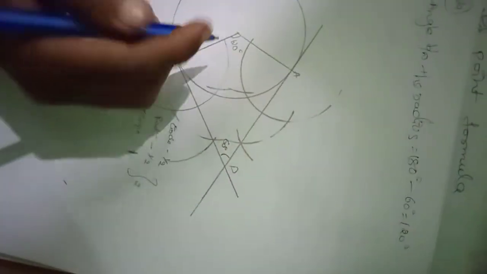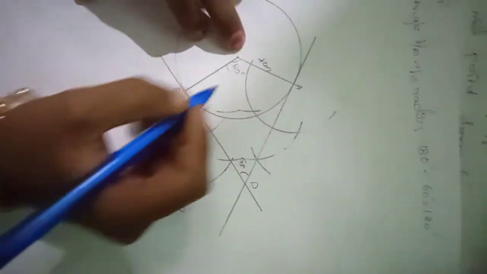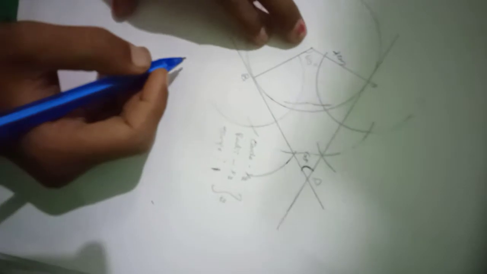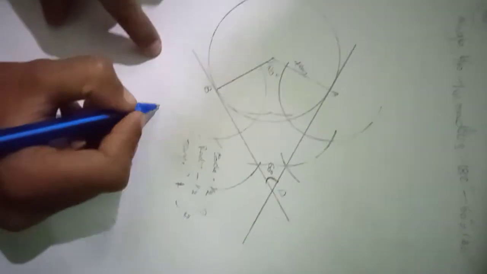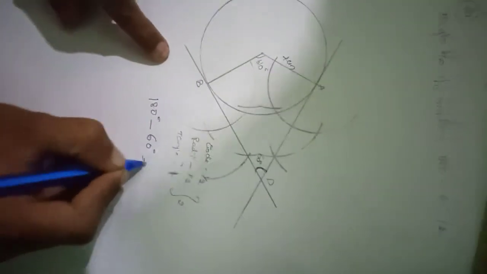I have drawn this circle of radius 4 cm and constructed the angle. The exterior angle of the tangents is 180 degrees minus 60, that is 120 degrees.